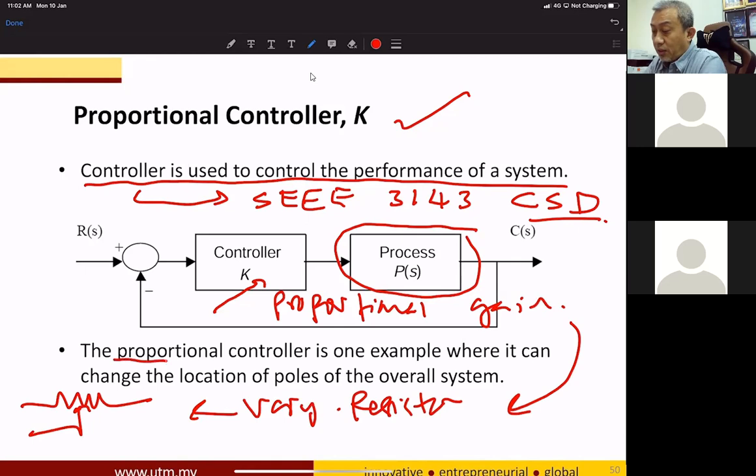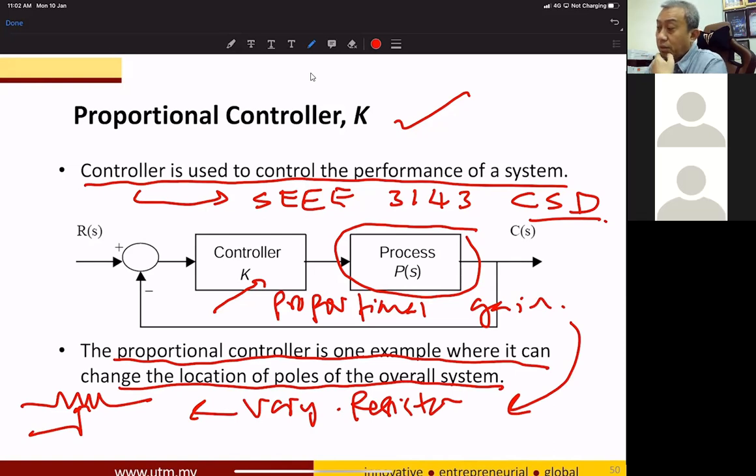The proportional controller is one example where the location of the poles of the overall system can be changed.